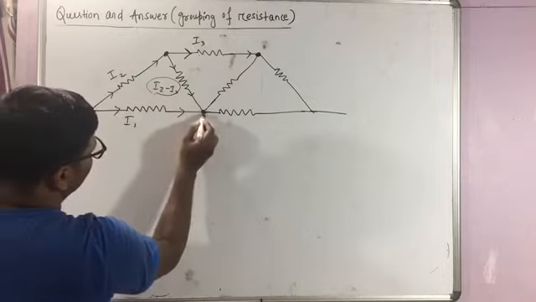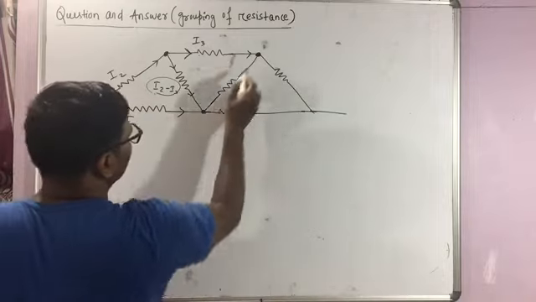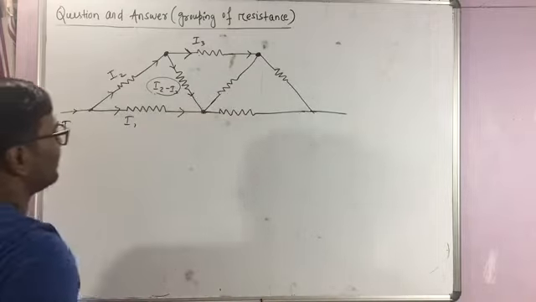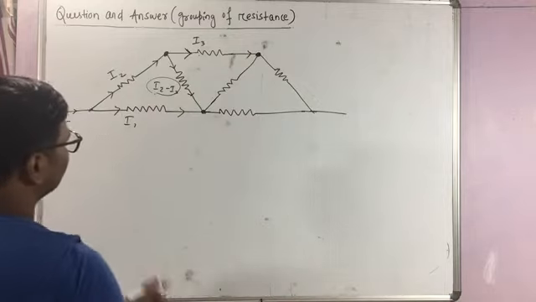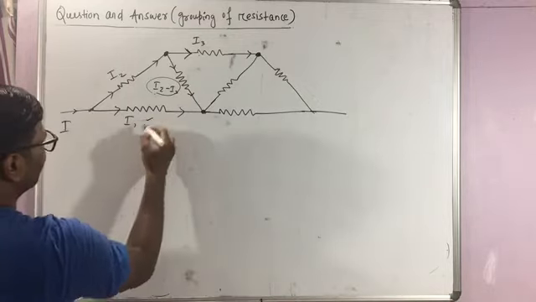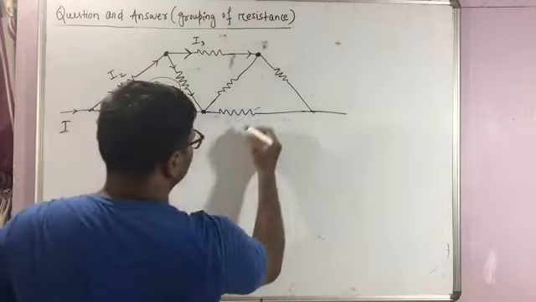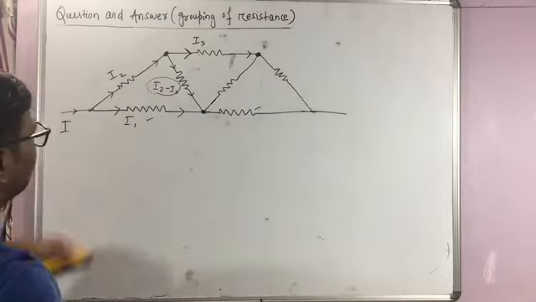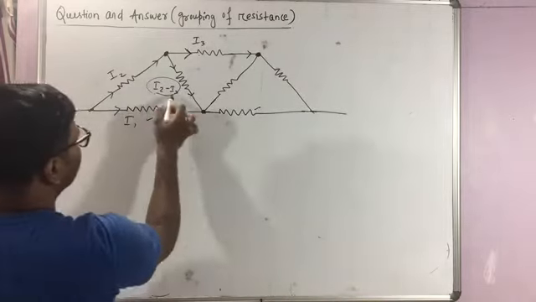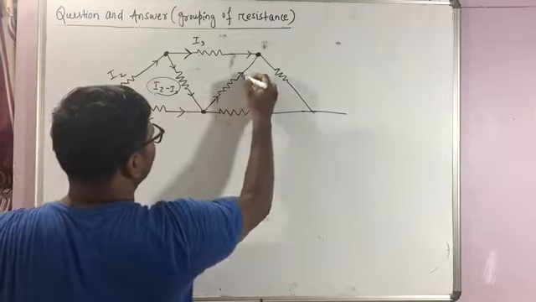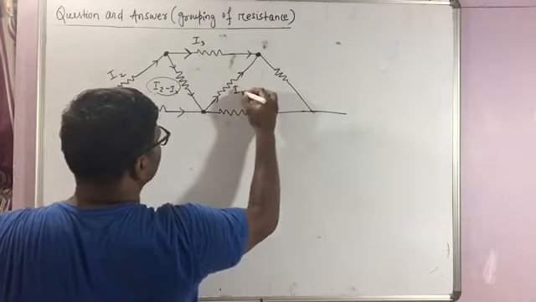I2 minus I3 current will come to this point, and again there is a symmetric distribution of current here. This end is connected to a 1 ohm resistance and this end is connected to a 1 ohm resistance. It means I2 minus I3 amount of current will pass through this.